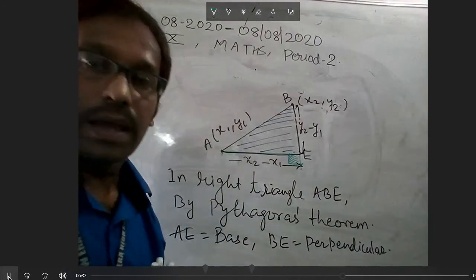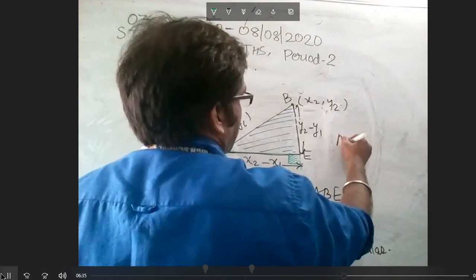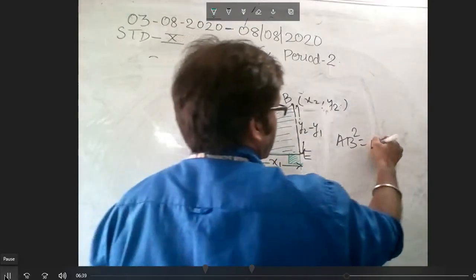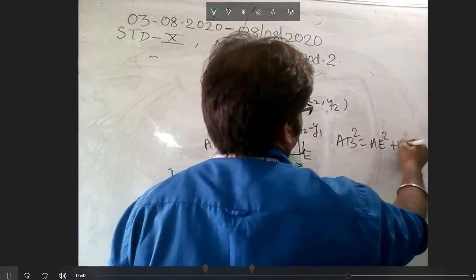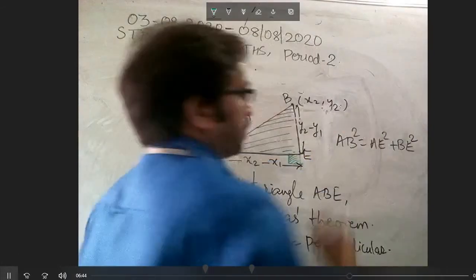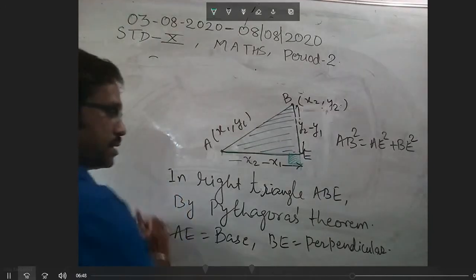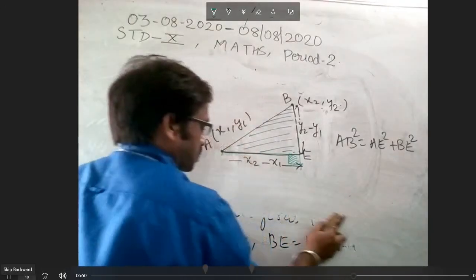So from Pythagoras, AB square is equal to AE square plus BE square. All sides are known to us. There will be no problem in placing the values in these two sides.